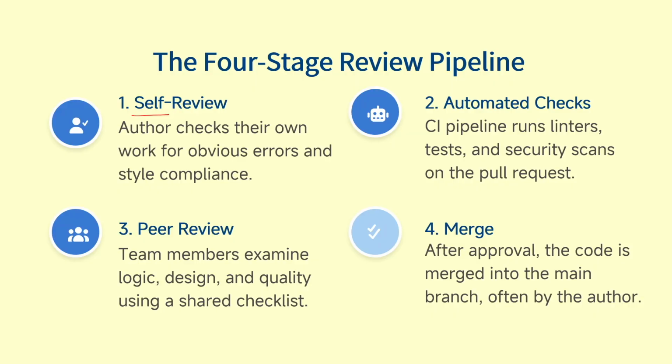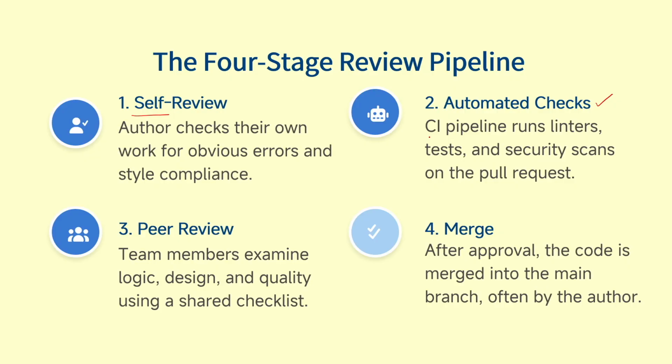When they check their code, they will identify whether there are any errors or any problem in the style. So this is done by the developer himself. The second is automated checks. This is in the current technology, where we have a continuous integration pipeline, the CI pipeline, where we have linters.